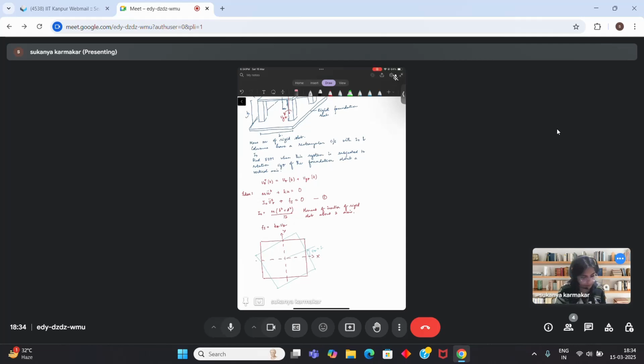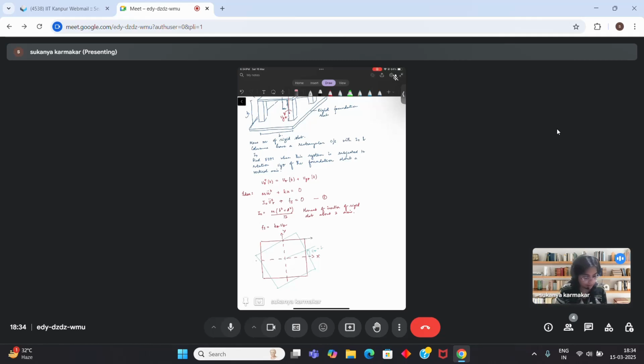Now, when you are rotating the rigid plane like this, in the x direction there will be resistance in the opposite direction, in this direction. So there will be a force generated. It's a resisting force. Force will be generated in this direction.